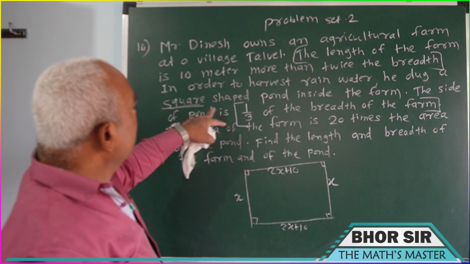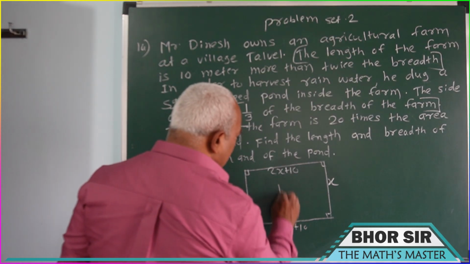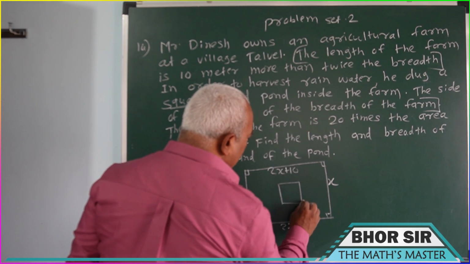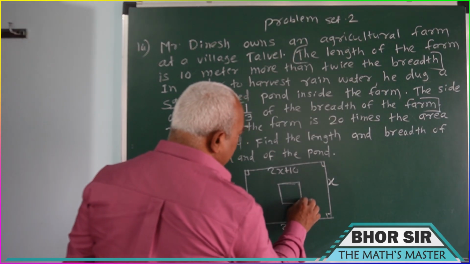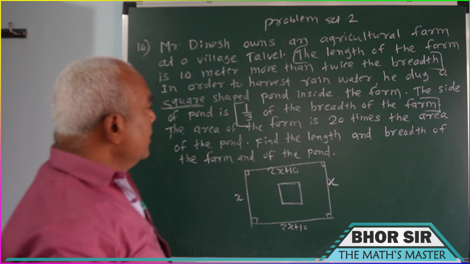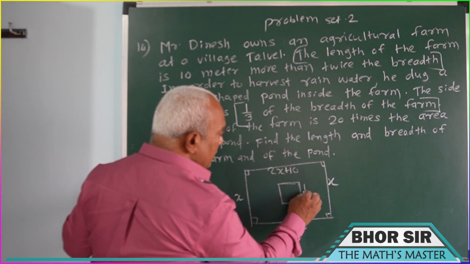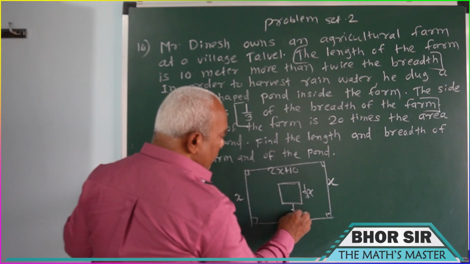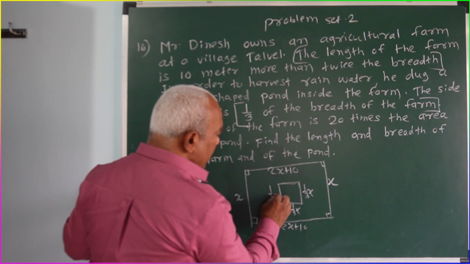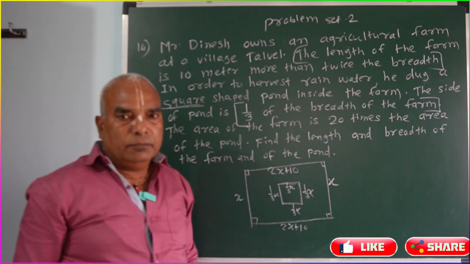Next, what do they give? There is a square-shaped pond inside. The side of that pond is 1/3 of the breadth, which means 1 upon 3 x.